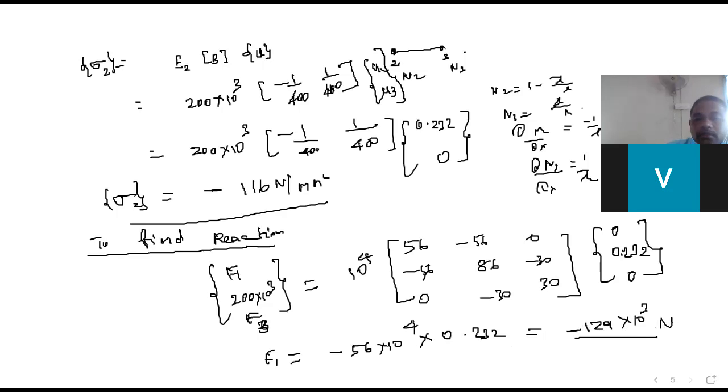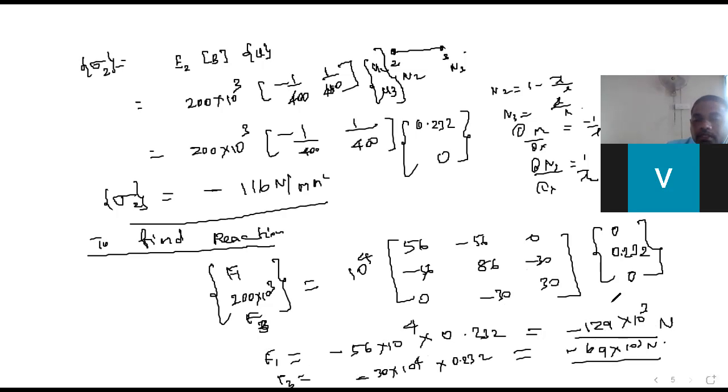Okay. Similarly, if you calculate the value of F3 here, it will be 0 into 0, minus 30 into 10 power 4 into 0.232. Ultimately, you will get the value of minus 69 into 10 power 3 Newton.